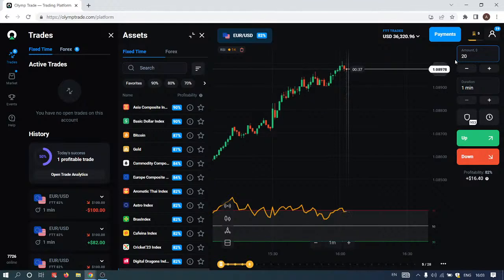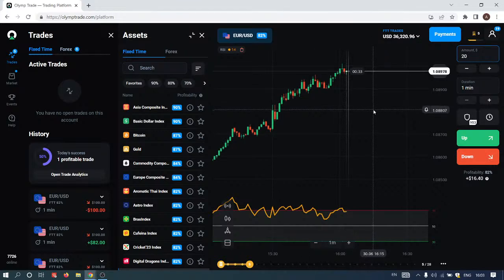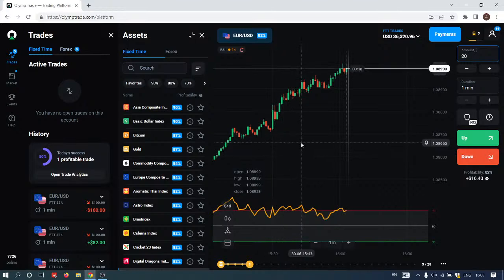This strategy was specifically designed for our traders who like trades with a duration of 1 minute. Like I said, personally, I'm not a big fan of it, but having this strategy is much better than having nothing at all to rely upon.